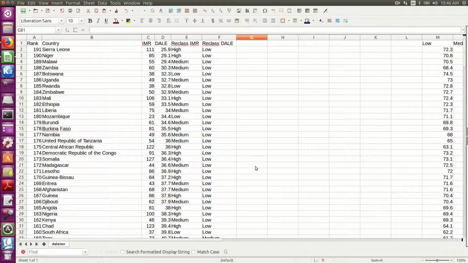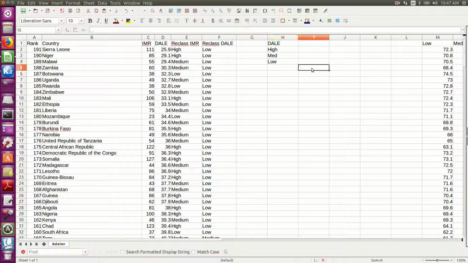Now I need to count them, and so I'll probably do something like I'm gonna do DALE this way and put in the high, medium, and low.